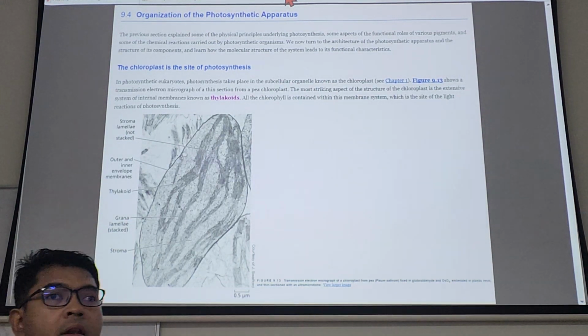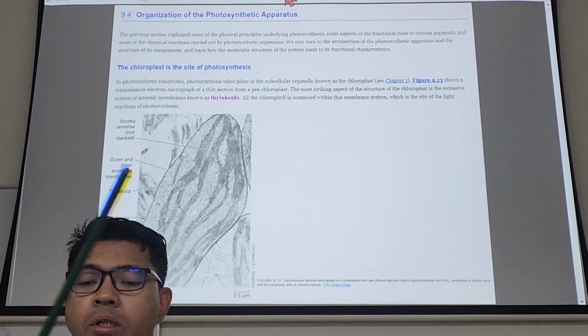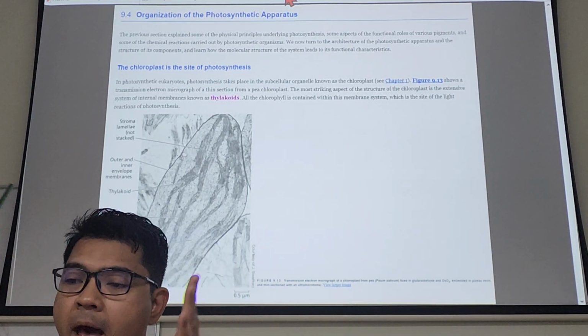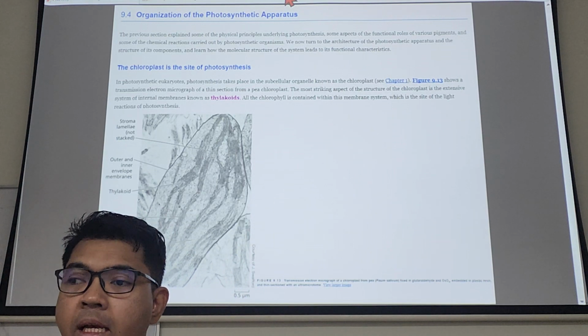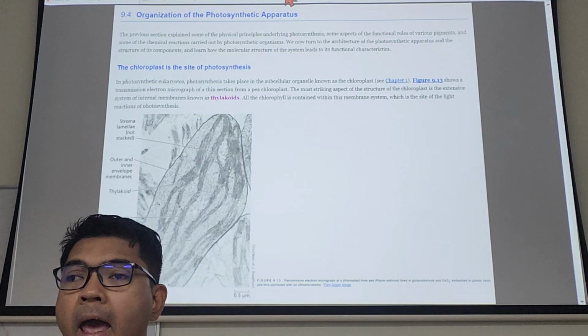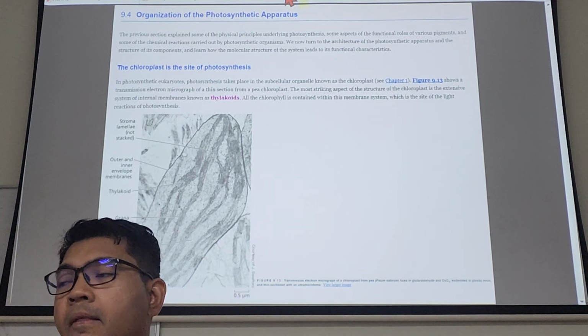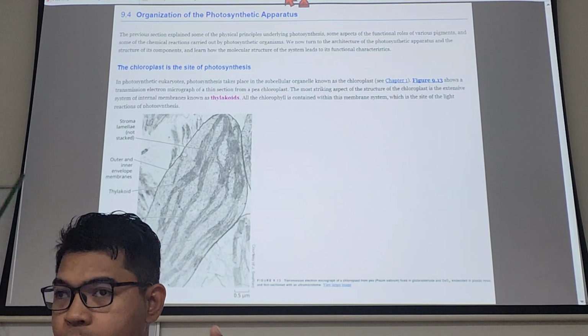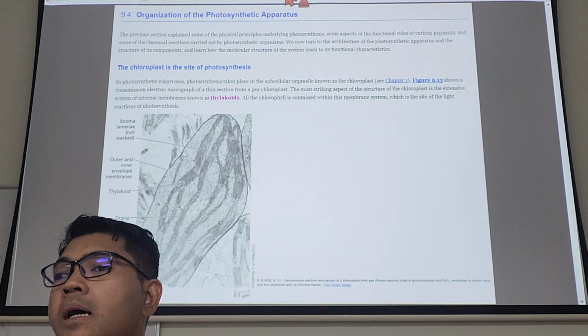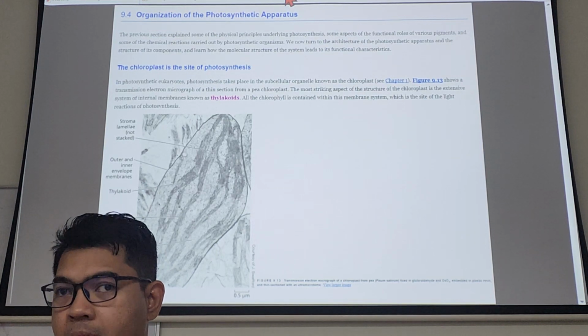You need to understand photosynthesis is not happening in just about anywhere. It is happening in a specific location inside a cell. And inside a cell, there are many organelles, meaning membrane-bound structures, subcellular compartments of a cell.